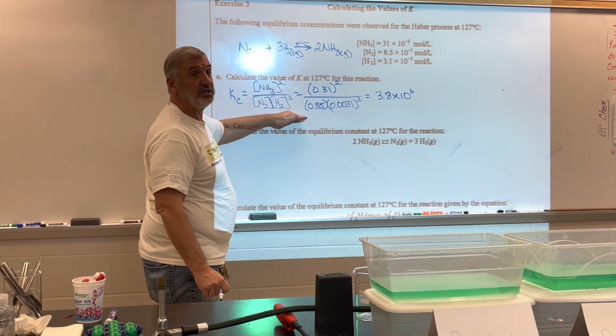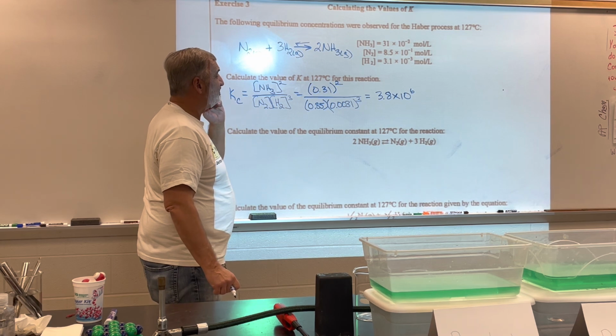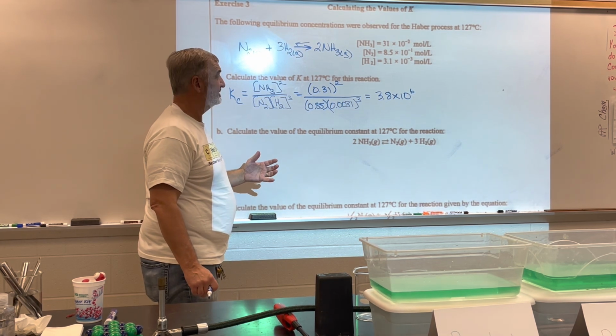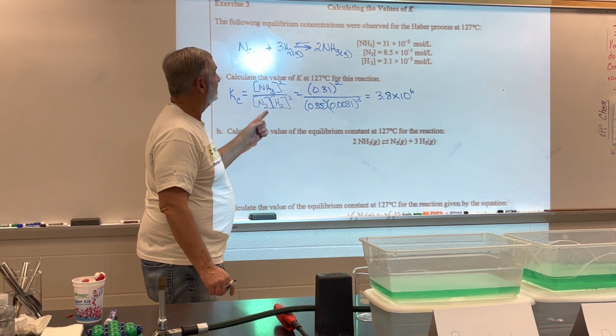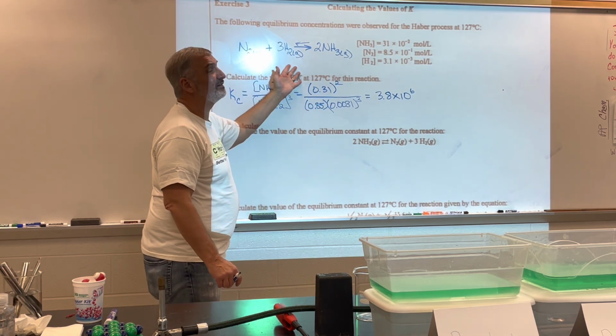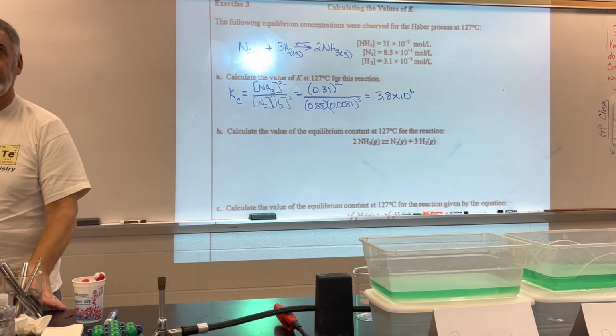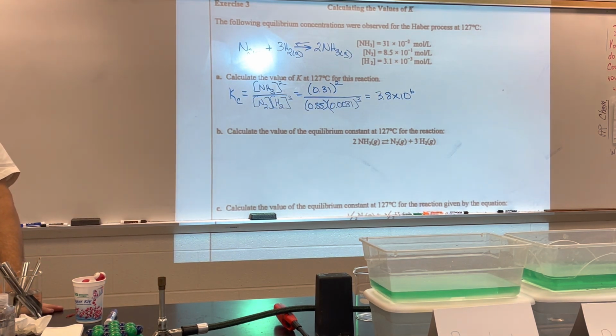Now, because this is a ratio of products to reactants, and we get that big number, which one do you think we have more of once equilibrium is established? Way, way, way more products. It's a big number.